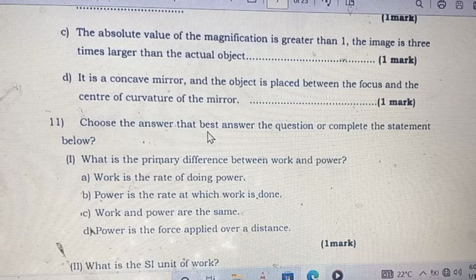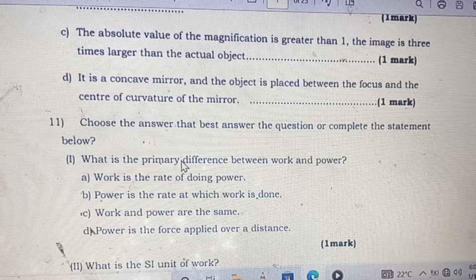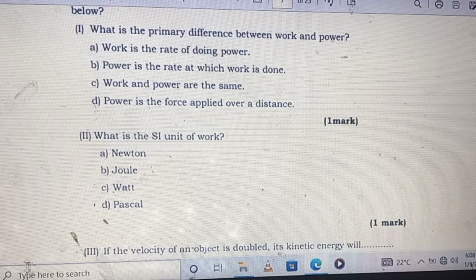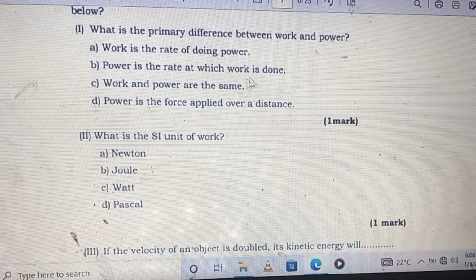Question 11. Choose the answer that best answers the question or completes the statement below. I. What is the primary difference between work and power? The correct option is letter B. Power is the rate at which work is done. I2. What is the SI unit of work?